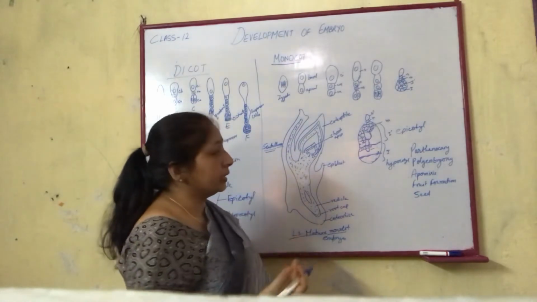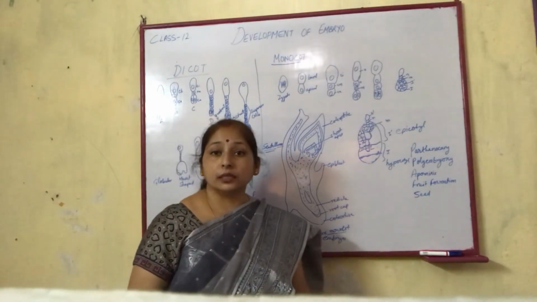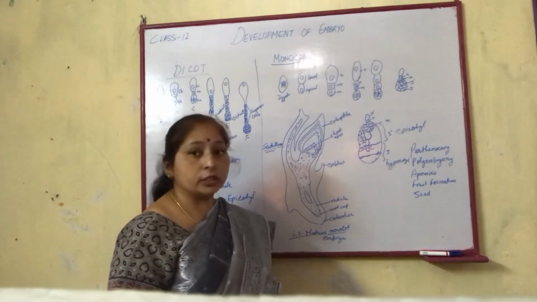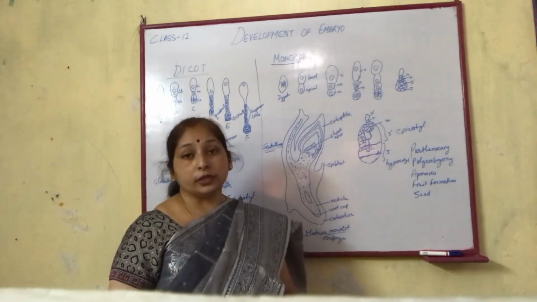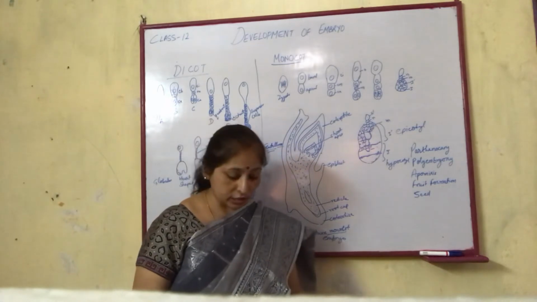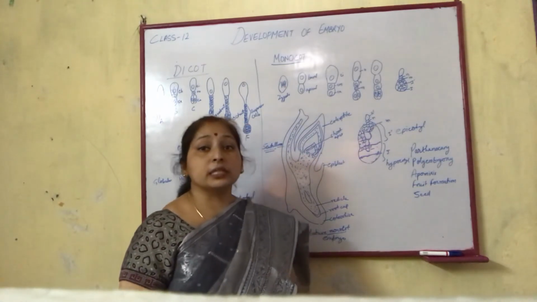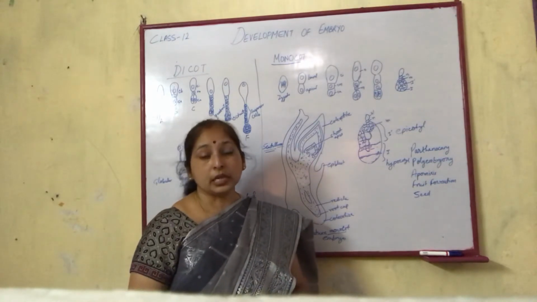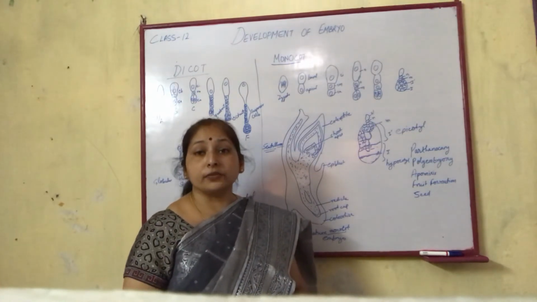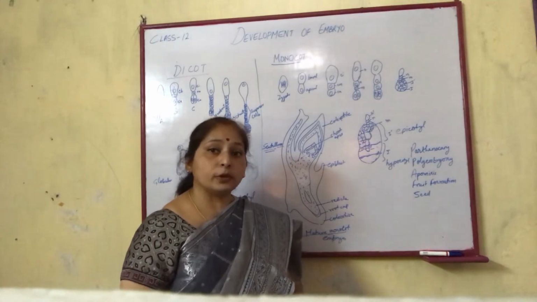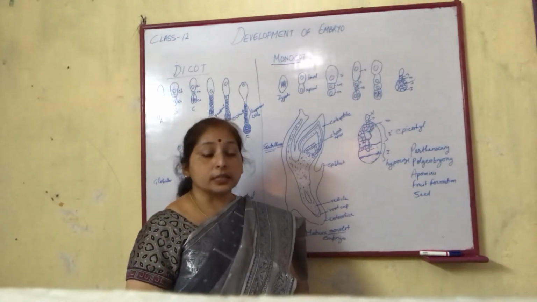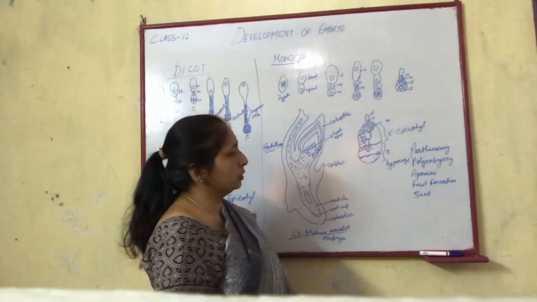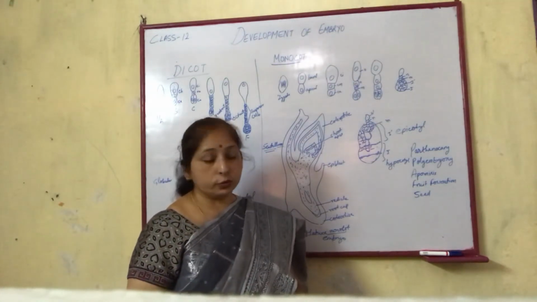Next is parthenocarpy. Parthenocarpy is the development of seed or fruit without fertilization. If there is failure of the fertilization process and fruit formation takes place, if the pollination or fertilization is not proper, then all these conditions lead to parthenocarpic development of fruit.